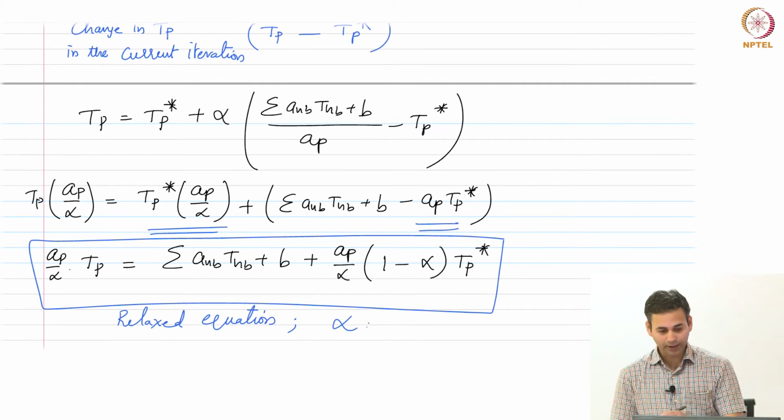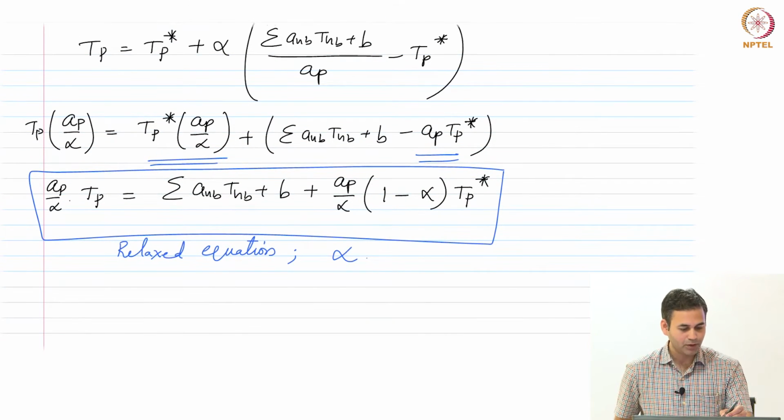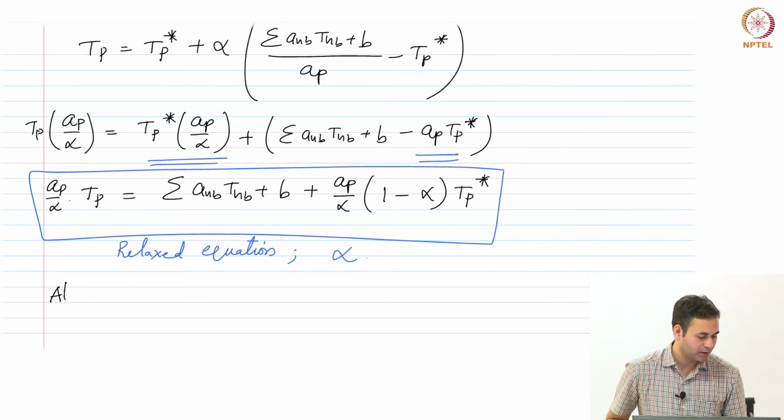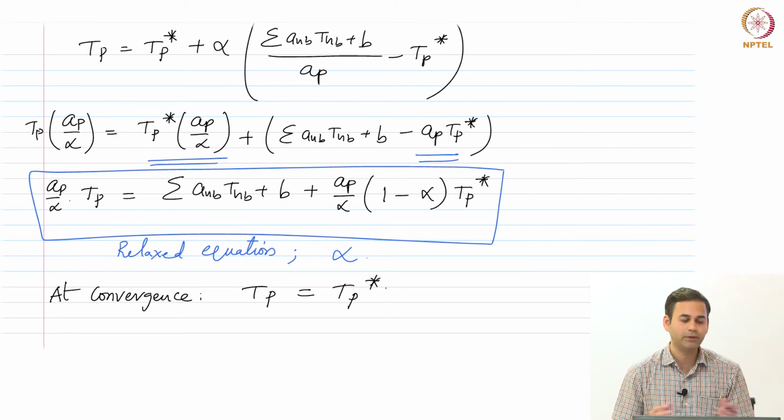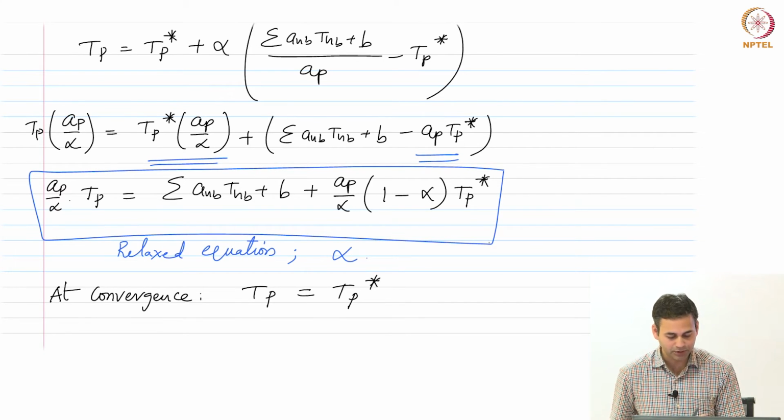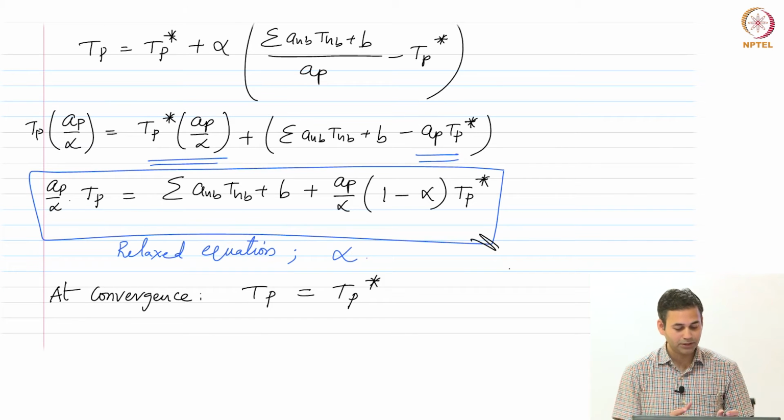Now let us say at convergence, what is the difference between TP and TP star? At convergence, your TP would be the same as TP star, which is probably differing by some epsilon. So, if that is the case, what will happen to this equation? Oh no, not 0.